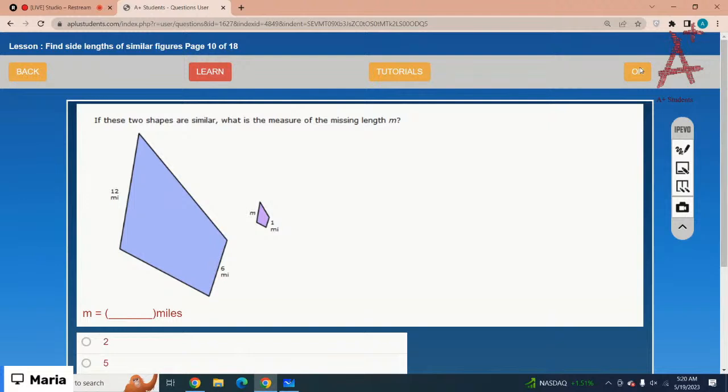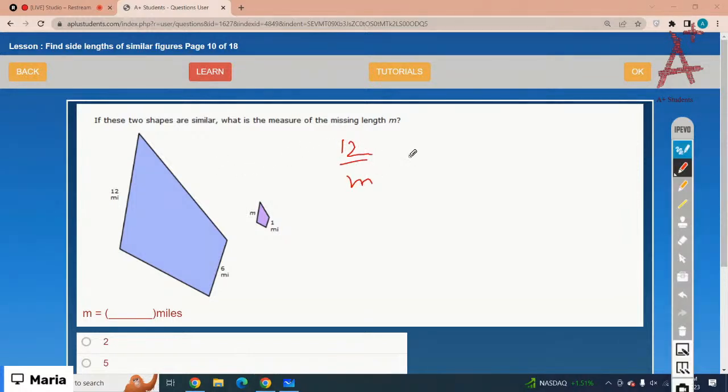It would be 12 divided by M equals 6 times 1. So it would be 12 times 1 equals 6 times M. Divide both sides by 6, so it would be M equals 2. Got it? The correct option is M equals 2.